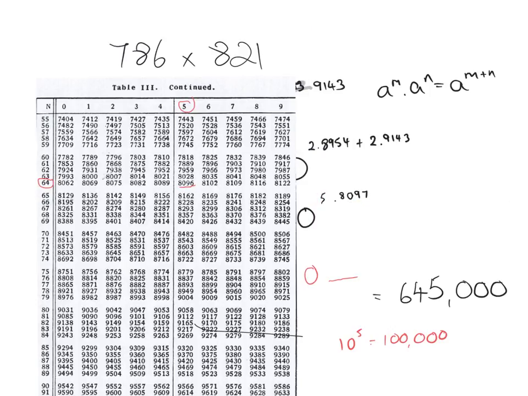And if we look at our numbers up top, 786 times 821 equals 645,306.